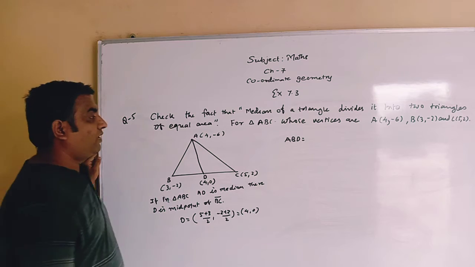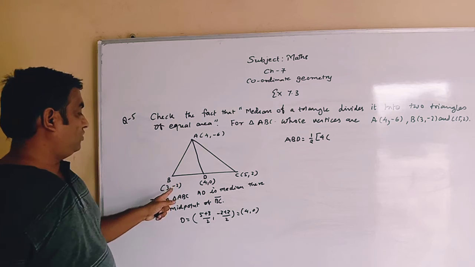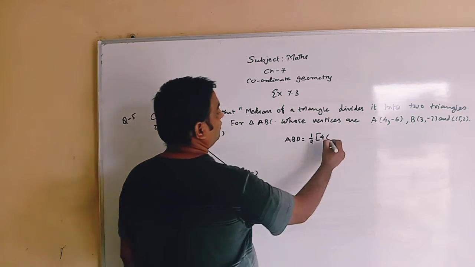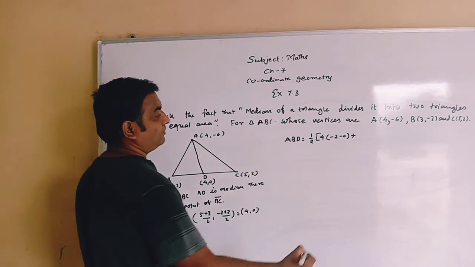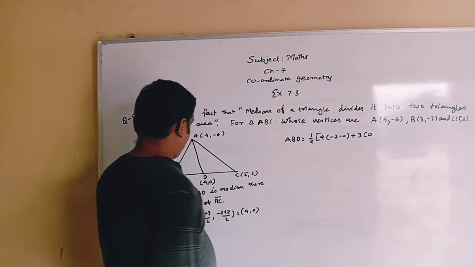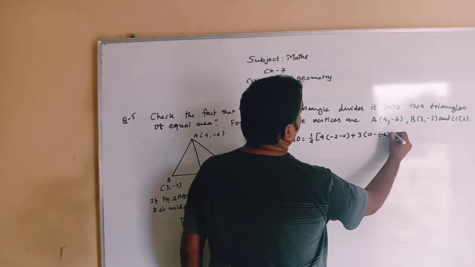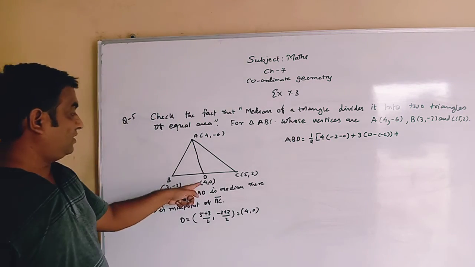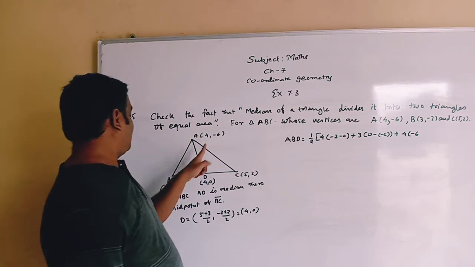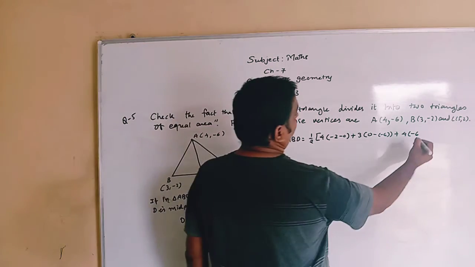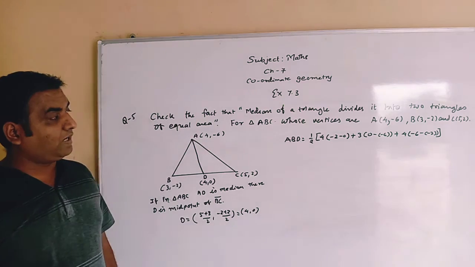That is 1 by 2, 4 into minus 2 minus 0, plus 3 into 0 minus 6, plus 4 into minus 6 minus 2, by the area of triangle formula.